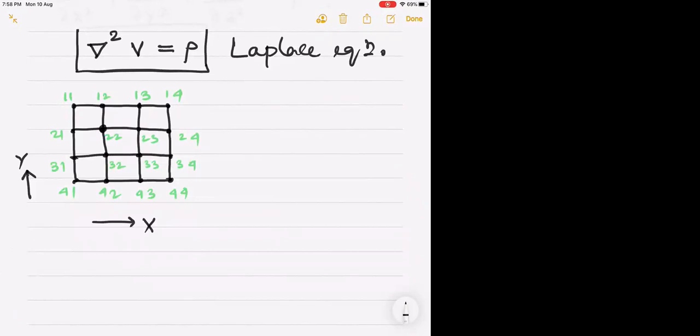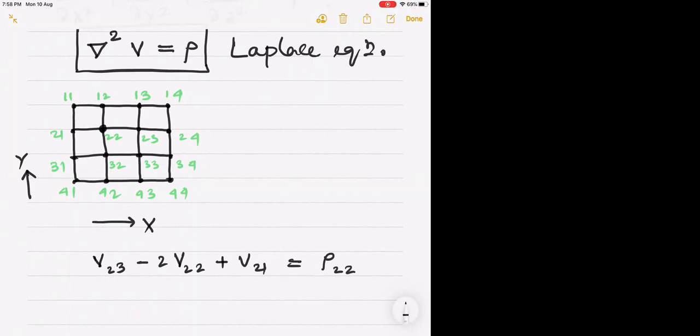Del square V del x square at this point will be V at the 2 3 point, minus 2 times V at the 2 2 point, plus V at the 2 1 point. And this ought to be equal to rho at the point 2 2.